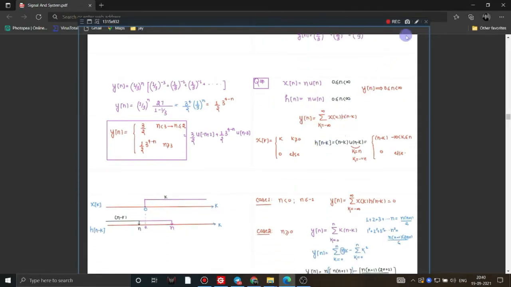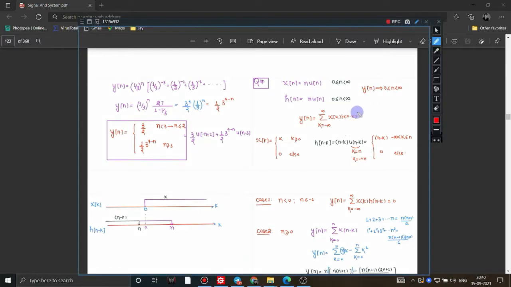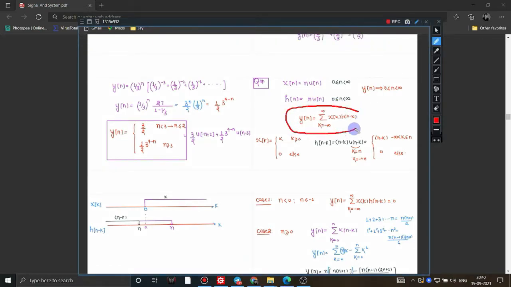This is the basic formula. And now we write the equation for xk, that is, for k greater than or equal to 0 it has value k, and else it is 0.